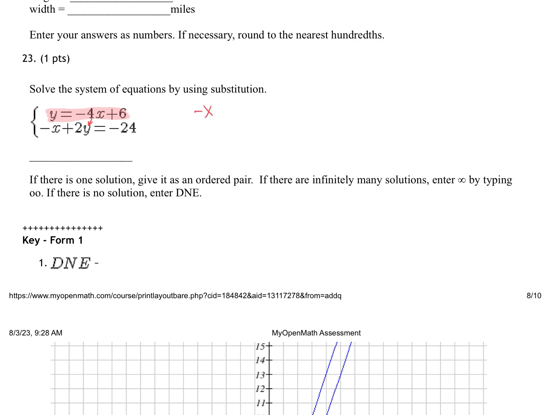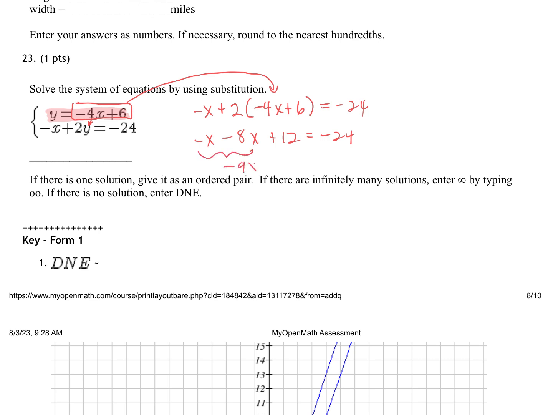So you're going to have negative x plus 2y, but instead of y, you're going to put negative 4x plus 6 because you're substituting this in for y, is equal to negative 24. And then you would solve it from there. Distribute the 2, we'd get negative 8x plus 12 is equal to negative 24.